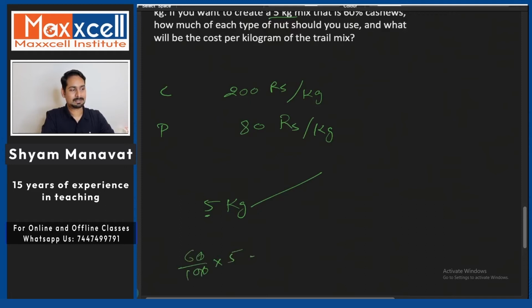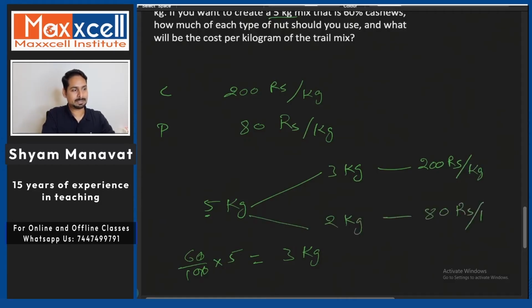Yeah, 6 5s are 30, so you get 3 kg here. Correct? So you want 3 kg of cashews, which cost 200 rupees per kg. So the remaining has to be what? Peanuts, which cost 80 rupees per kg.